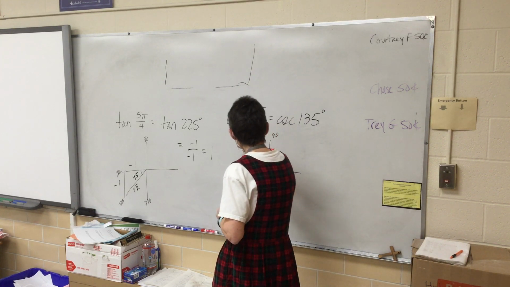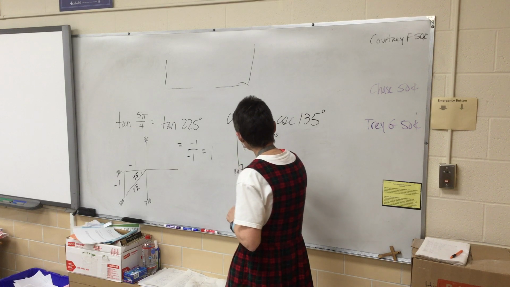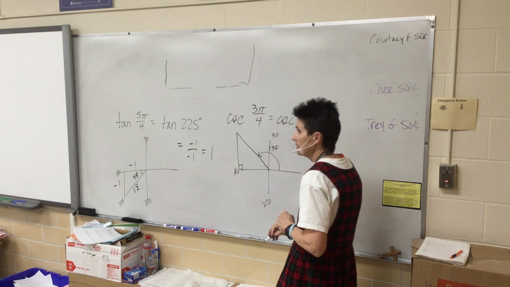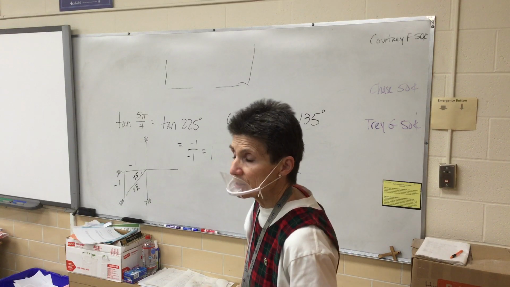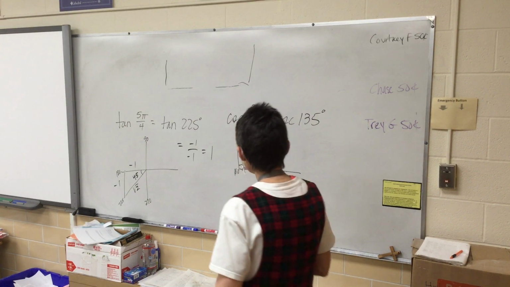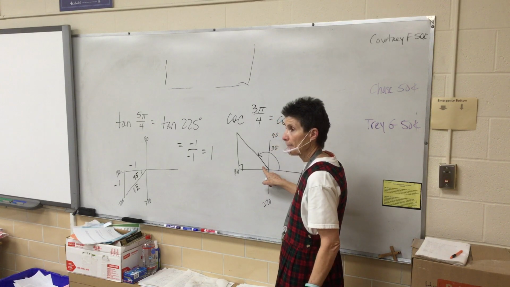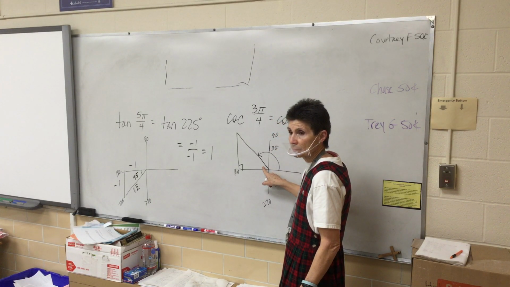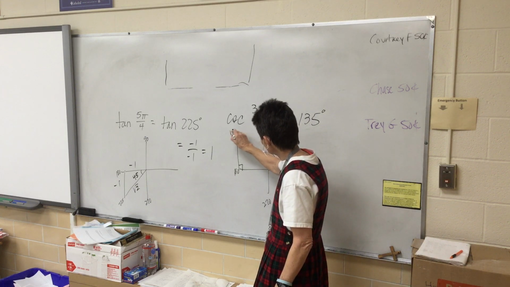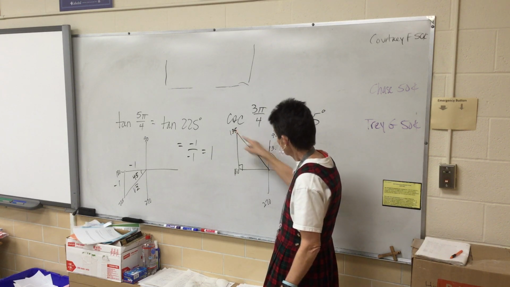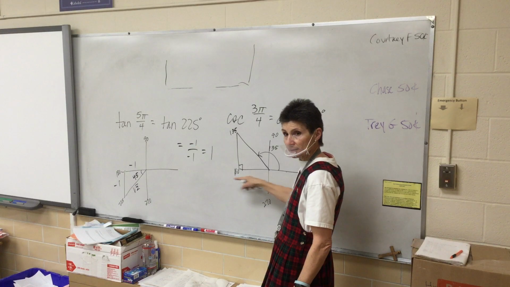So we'll draw that, make our triangle. And then we've got to figure out the measure of this angle. So use your problem solving skills. This is 135. This is 180.